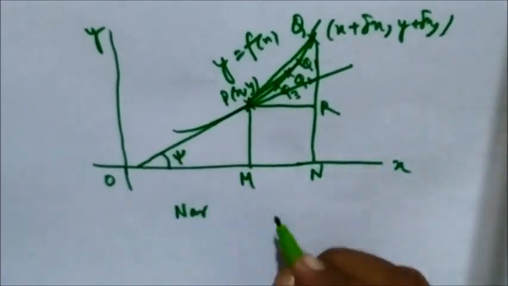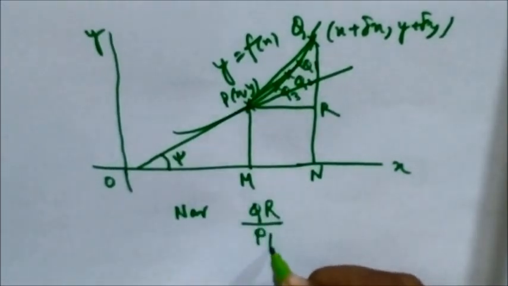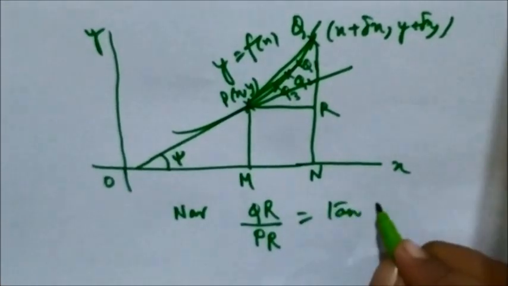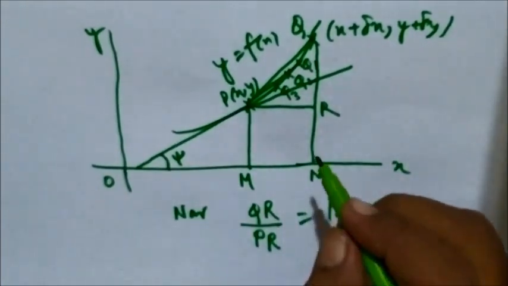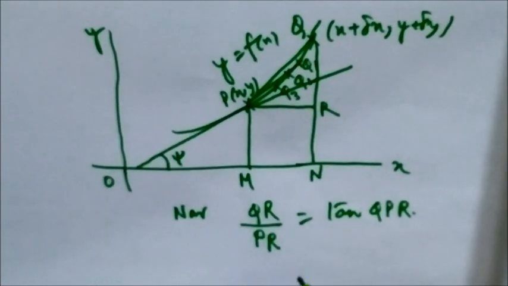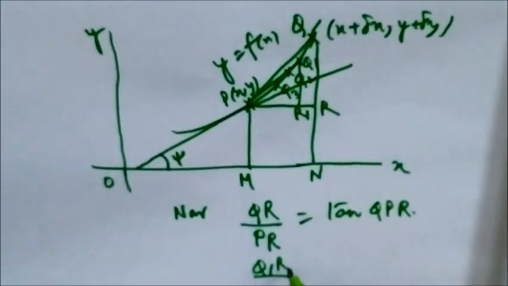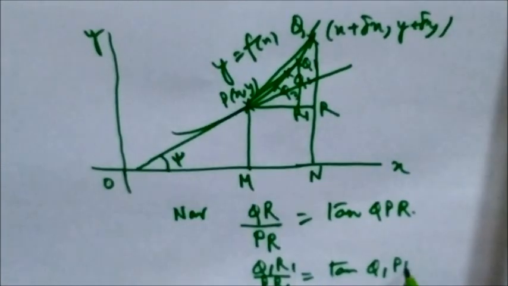Now QR by PR equals tan QPR, and Q1R1 by PR1 equals tan Q1PR1.